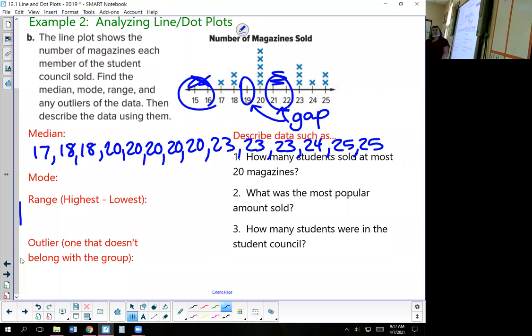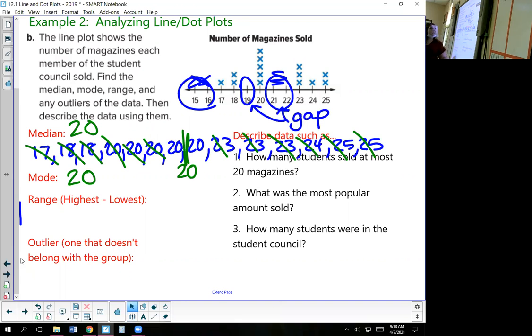Just looking at it, it should be around 20. Let's see, 1, 2, 3, 4. 1, 2, 3, 4. If I'm stuck between 20 and 20, it's just 20, right? So technically we'd be right here, which is 20. So the mode is 20, right? The median is 20.